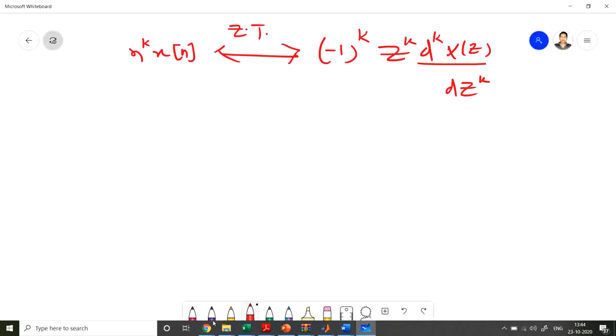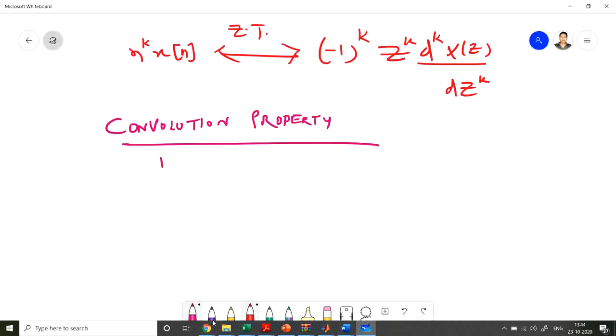And the next property is a very important property that we deal with in the discrete time case. It is called the convolution property.